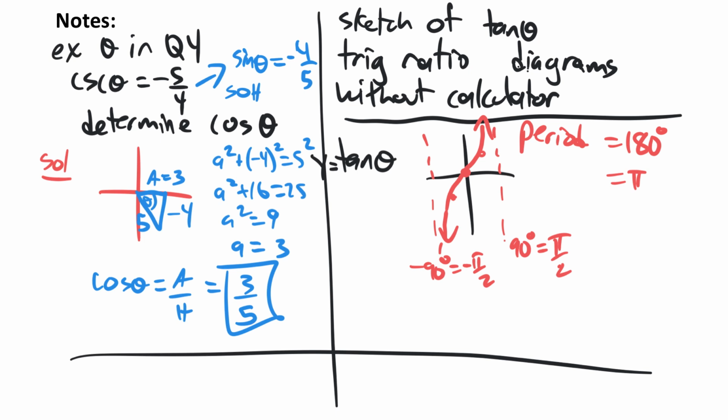And we can check it with the CAST rule. C-A-S-T. All of them should be positive in quadrant 1. And cos should be positive in quadrant 4. Sine should be positive in quadrant 2. Tan should be positive in quadrant 3. We're in quadrant 4, so cos should be positive, and indeed it is.